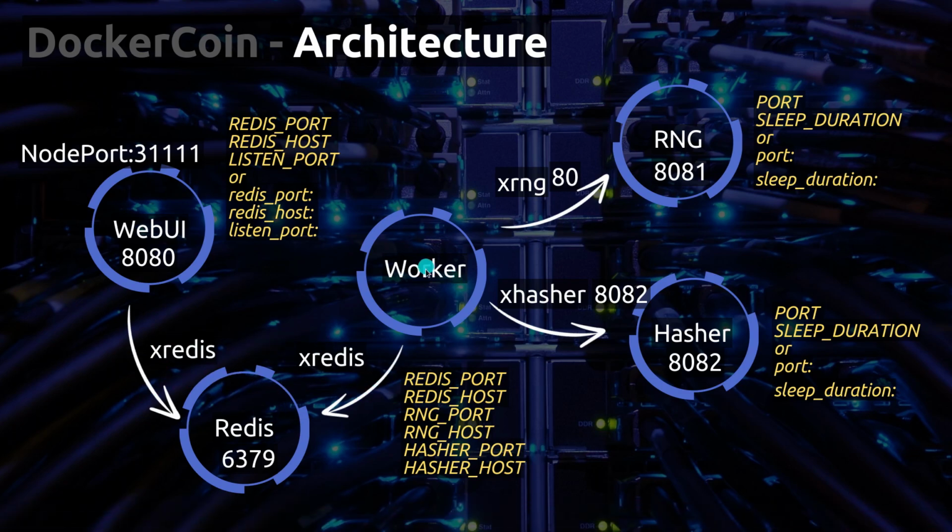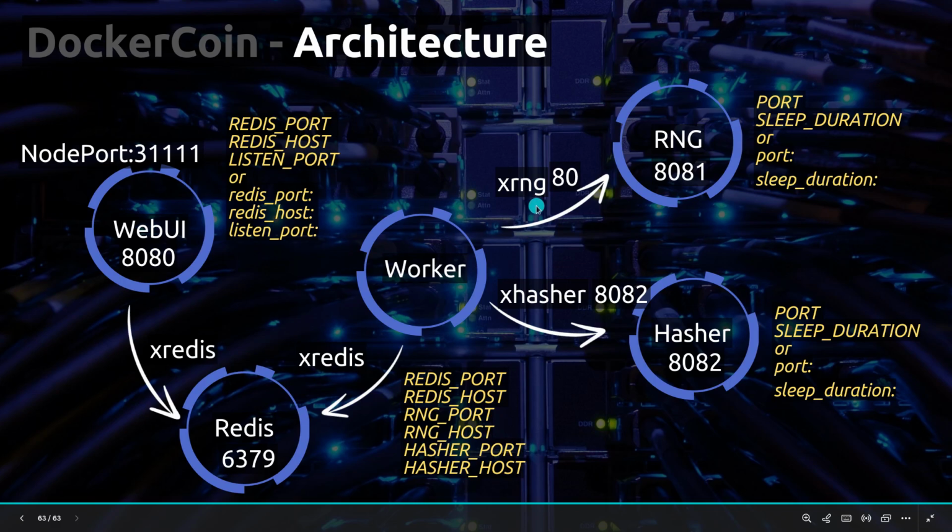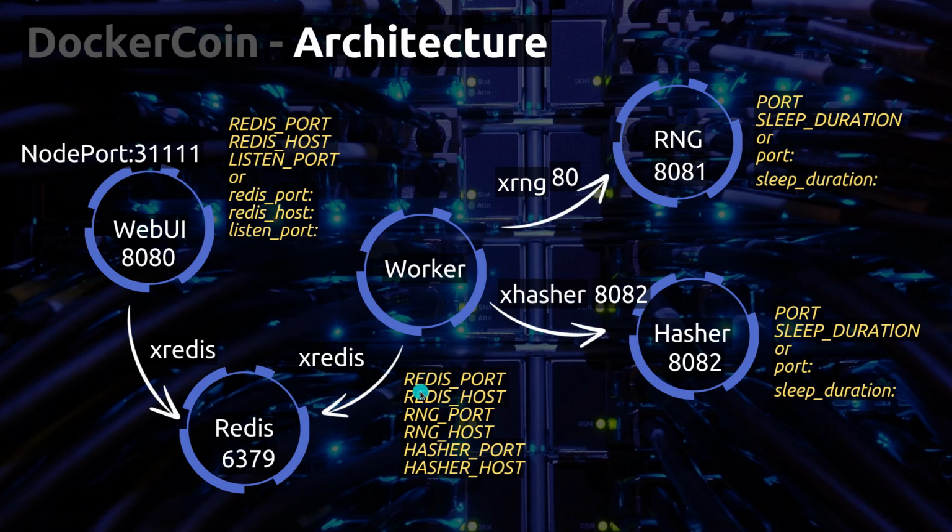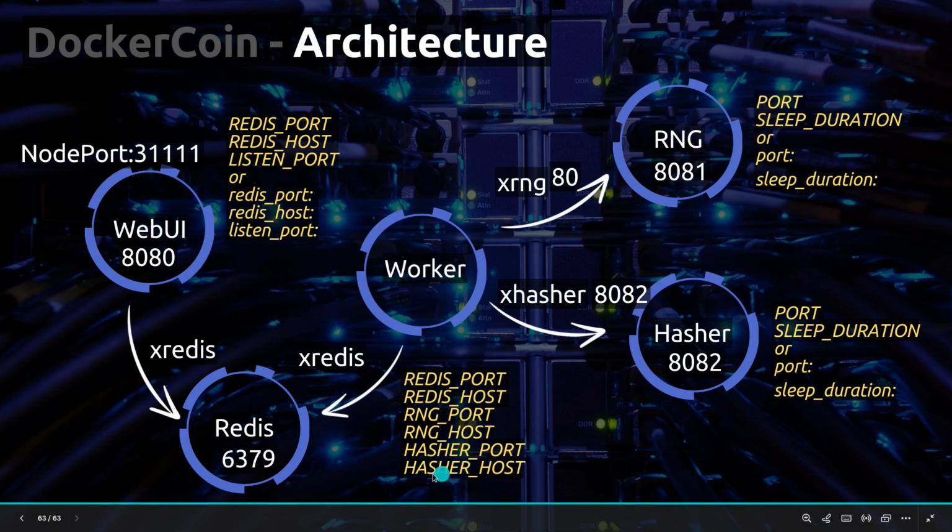Of course, on the worker, you need to set environment variables like that, to set each service: the Redis port, the Redis host, the RNG port, the port 80, and the RNG host. The host is of course the entry of our service, so xrng, and the same thing for Hasher. You have the port here and you have the host here.